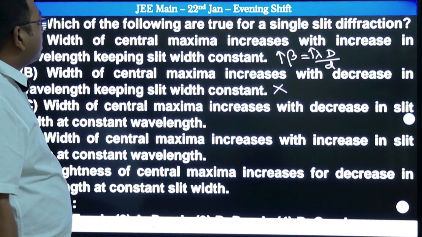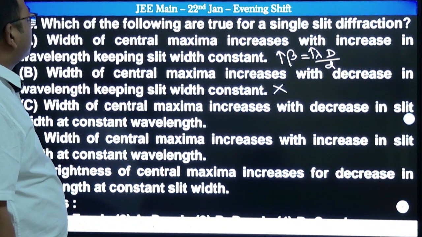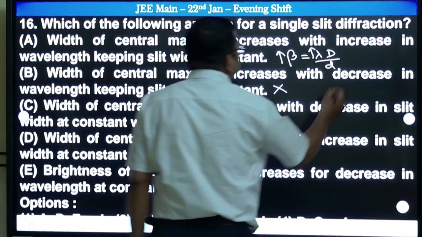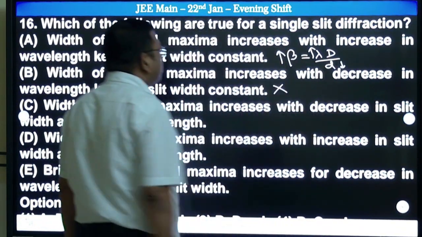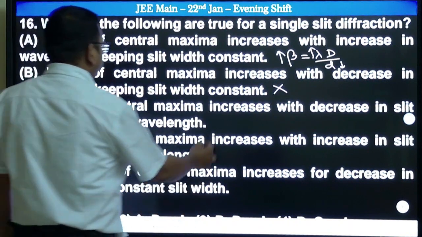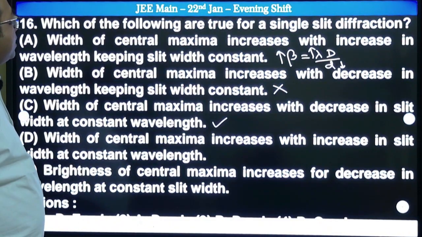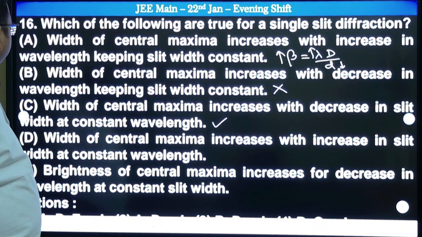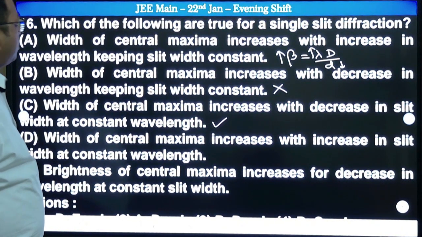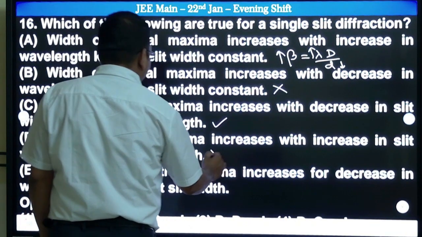The width of central maxima increases with decrease in slit width. If you decrease d, this will increase. That is also correct. The width of central maxima increases with increase in slit width at constant wavelength: this is wrong.